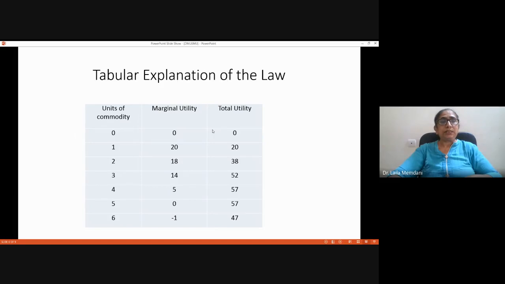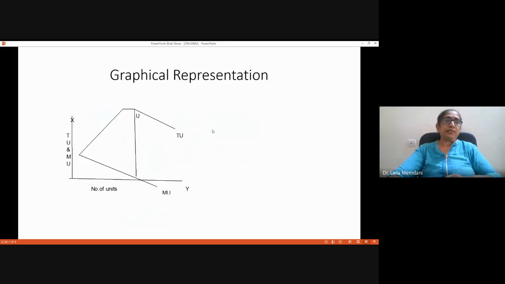So my starting point is common for both. Marginal utility is continuously diminishing. It becomes 0 and then becomes negative, while the total utility is continuously rising. It is rising faster initially, then it rises slowly, then it is a horizontal line for a certain period, and then it starts declining. When total utility is maximum, marginal utility is 0.